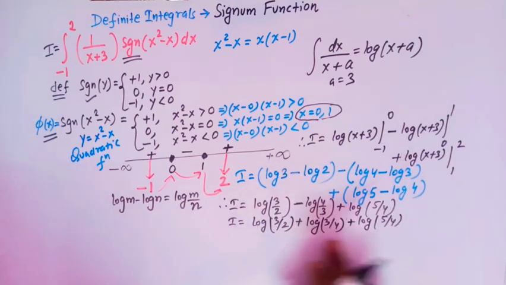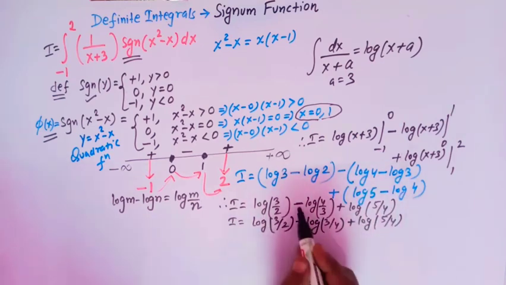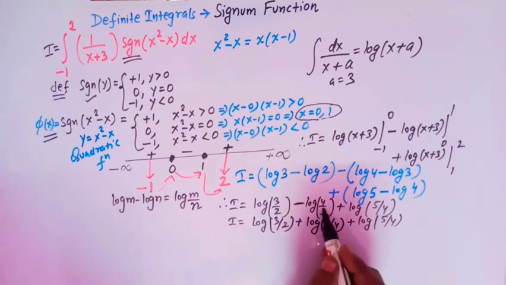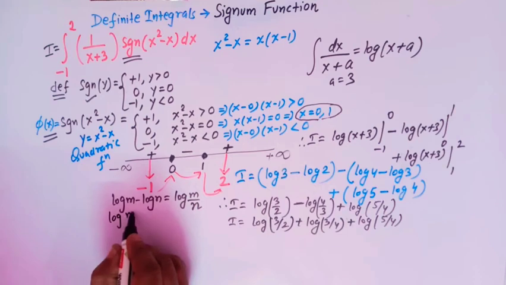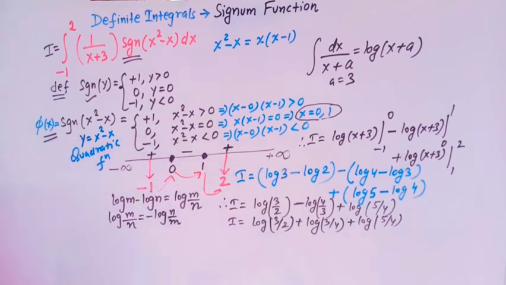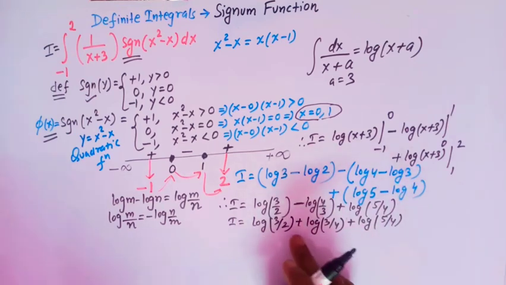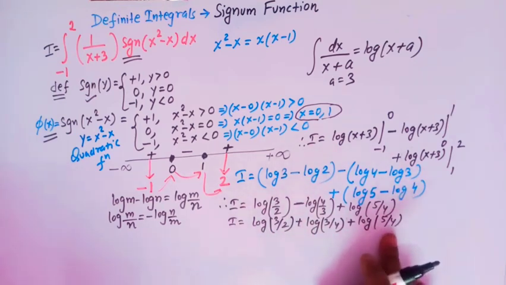What we have done here is kept these two terms as such, and converted this negative sign to positive sign by taking the reciprocal, because log m over n is equal to negative of log n over m, right? Okay, so now we have these three terms in log, and these are added together.